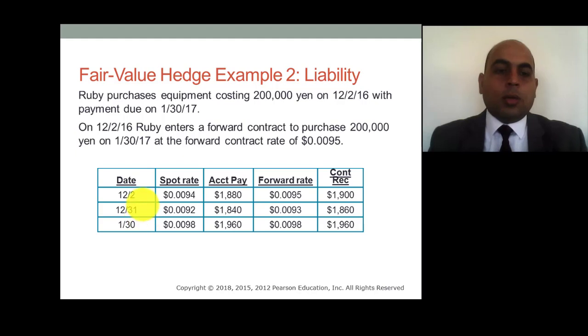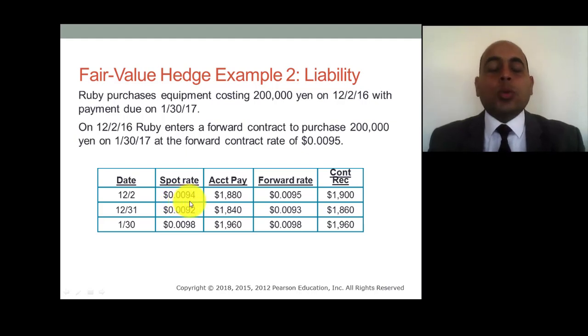On the date of purchase of the equipment, the spot rate was 0.0094. As we owe 200,000 yen, the amount that we have to record in US dollars equals 200,000 yen multiplied by the exchange rate on the date of transaction, 0.0094.